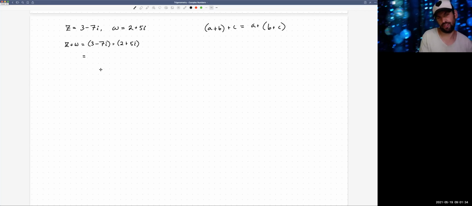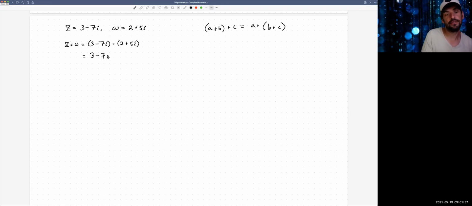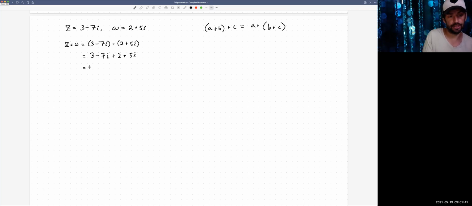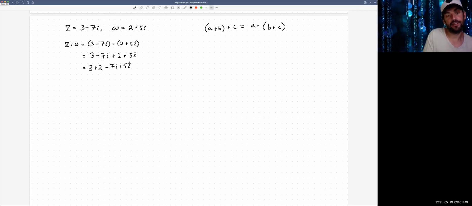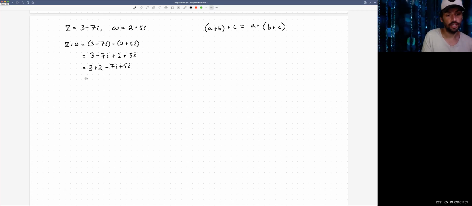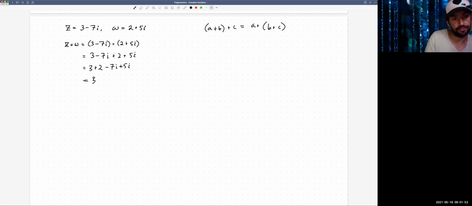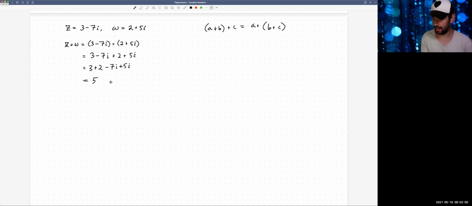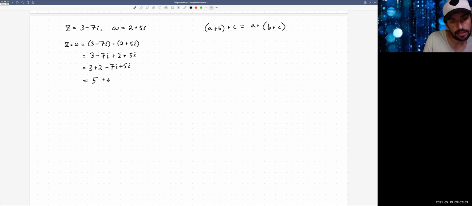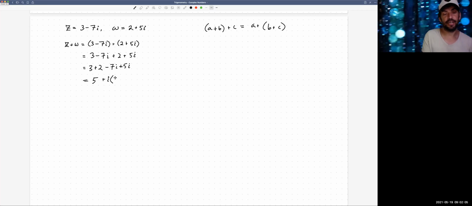So in this case, what I'm going to do is lose the groupings, and then use the commutative property to change the ordering of this. I'll have 3 plus 2 minus 7i plus 5i. Oops, that's a plus. Okay, so 3 plus 2 we know how to do. That's 5. Well, let's go through a little bit of a process here. This, I can factor out this i, and I've got negative 7 plus 5.